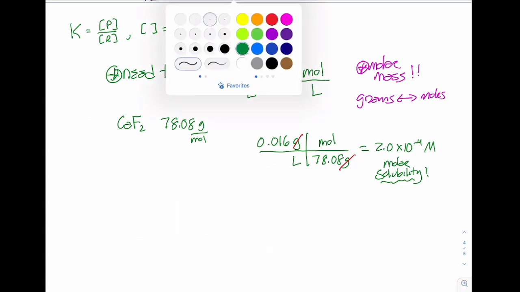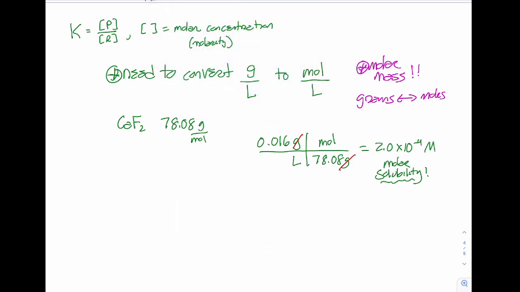So now I can write my equation. It is solid. I'm going to get 1 calcium and 2 fluoride ions. If this is 2.0 times 10 to the -4th molar, so is this one, right? Because it's a 1-to-1 ratio.